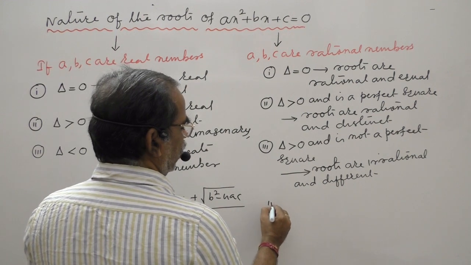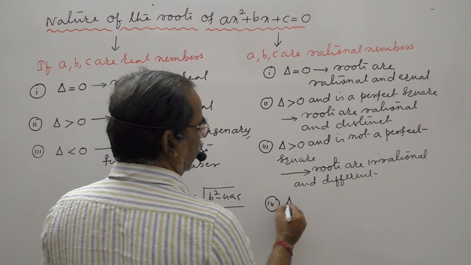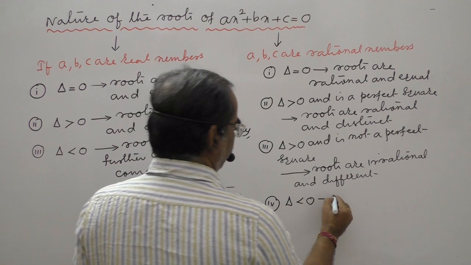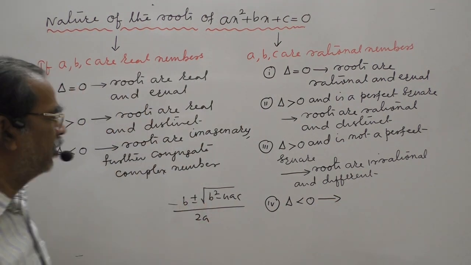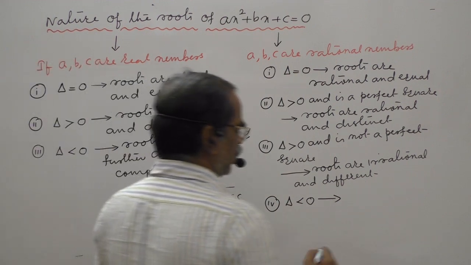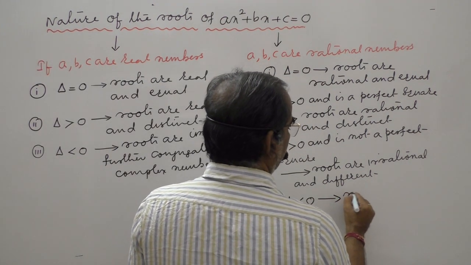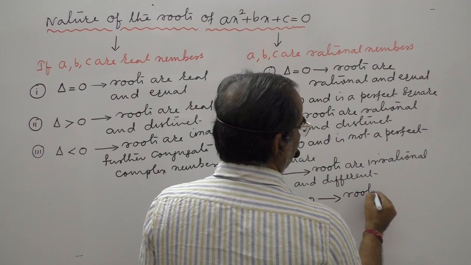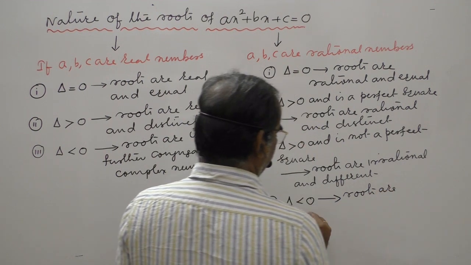Next, number 4, as usual, this one: if delta is less than 0, same thing, roots will be imaginary, they will be conjugate complex numbers. If delta is less than 0, roots are imaginary.